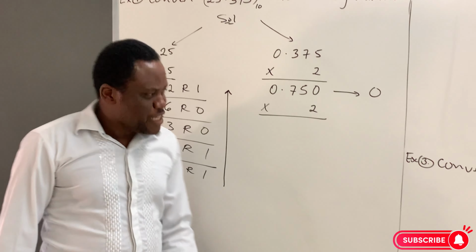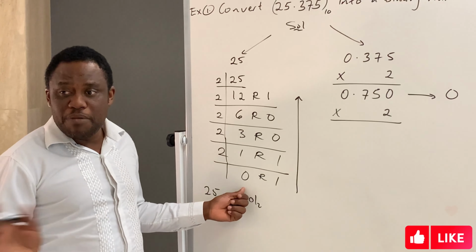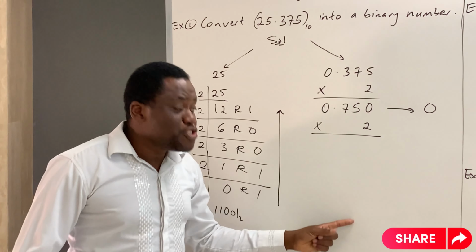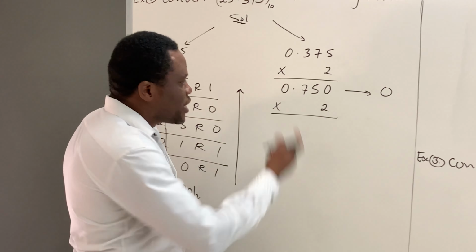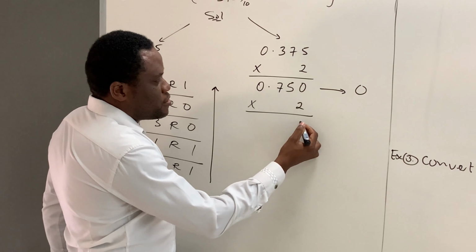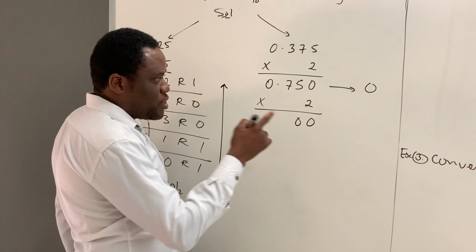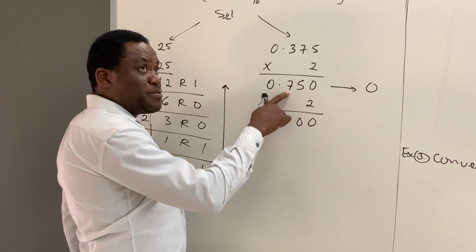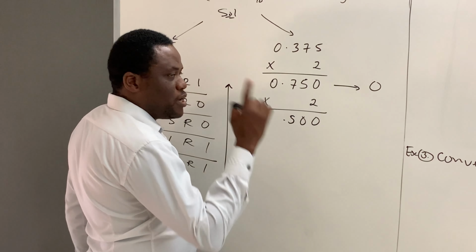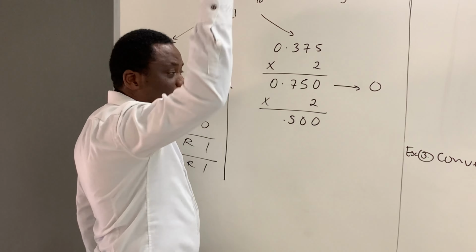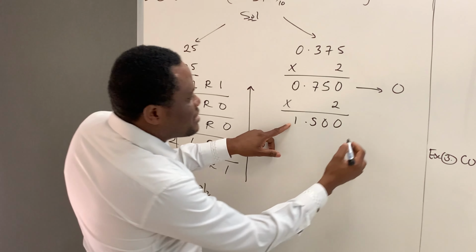Are we together? You divide until you get to the least whole number. And this place, you multiply until you get to the least fraction number. Again, let's go. Multiply. This and this, 0. This and this is 0. Left 1. This times this, 14 plus 1 plus 1, 15. Left is 1. This and this is 0, plus that 1 is 1. That one that is left, write it out.